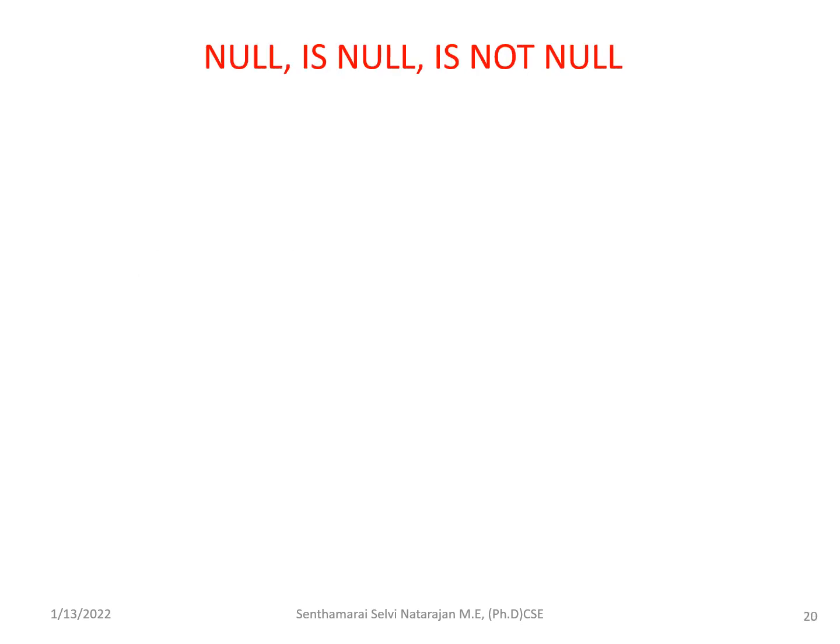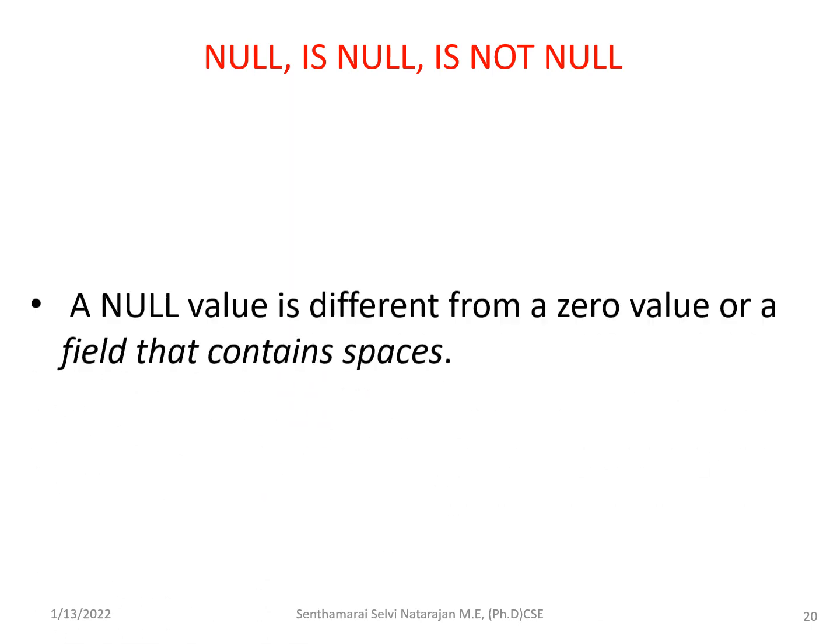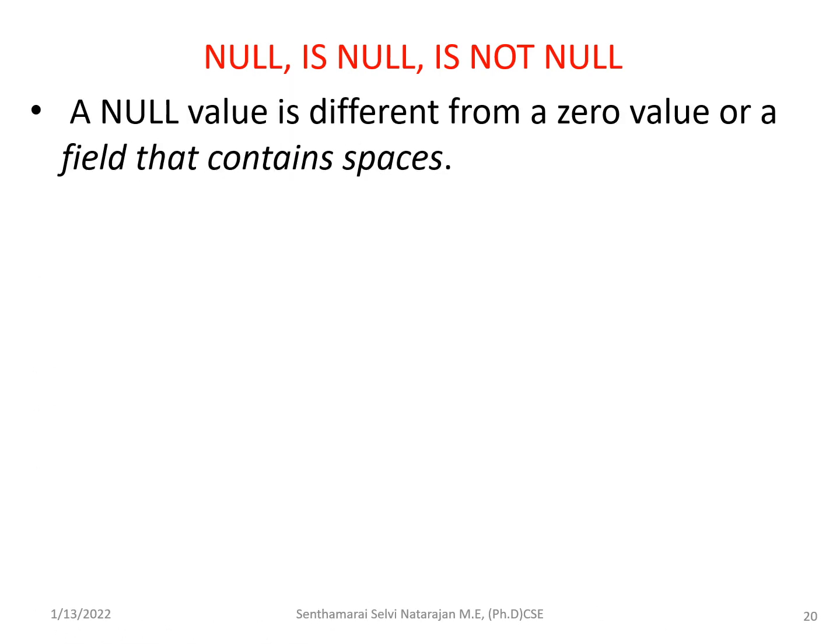Then NULL, IS NULL, and IS NOT NULL. What is the difference between these three things? What is a NULL thing? A NULL value is different from a zero value or a field that contains spaces. So NULL, in the sense, specifies it has some space. You can insert some values, but a zero means it is giving a value.